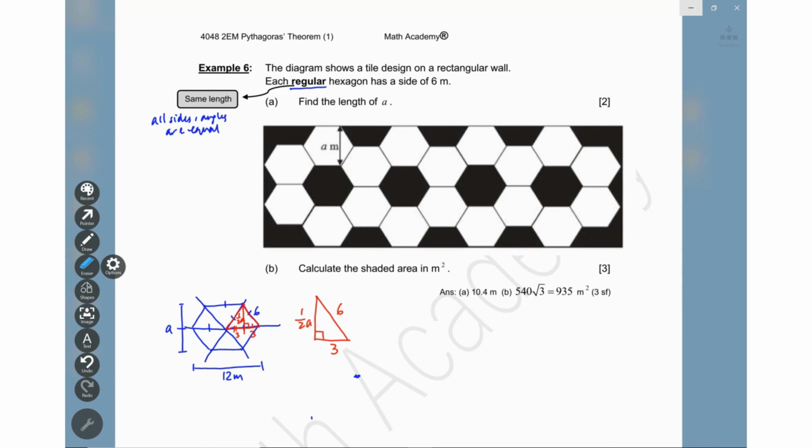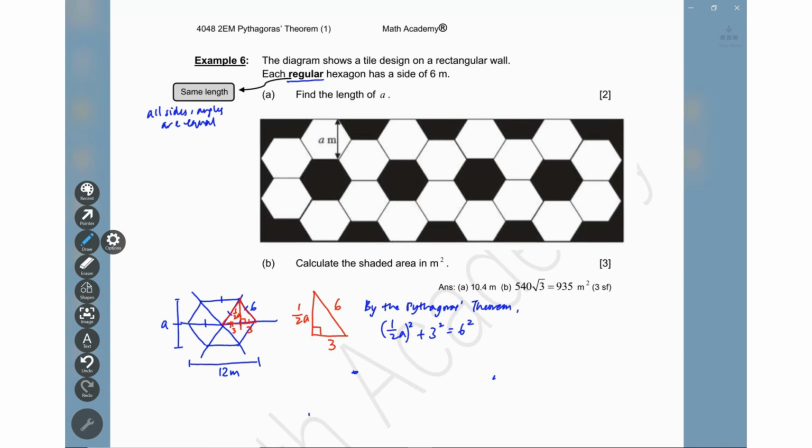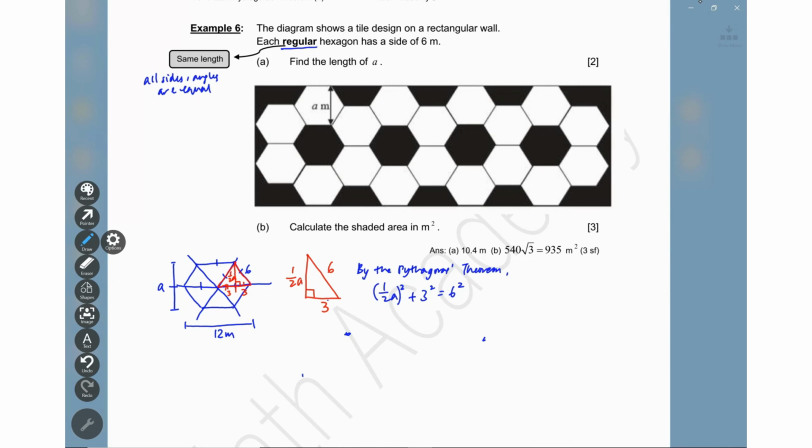By the Pythagoras Theorem, half A, the whole thing squared, plus 3 squared is going to give you 6 squared. So the sum of squares of the two shorter sides will give you the square of the longer side. Half A squared, I'm going to expand and open up, so it will give you 1/4 A squared. 3 squared is 9, 6 squared is 36. 36 minus 9, that's 27.